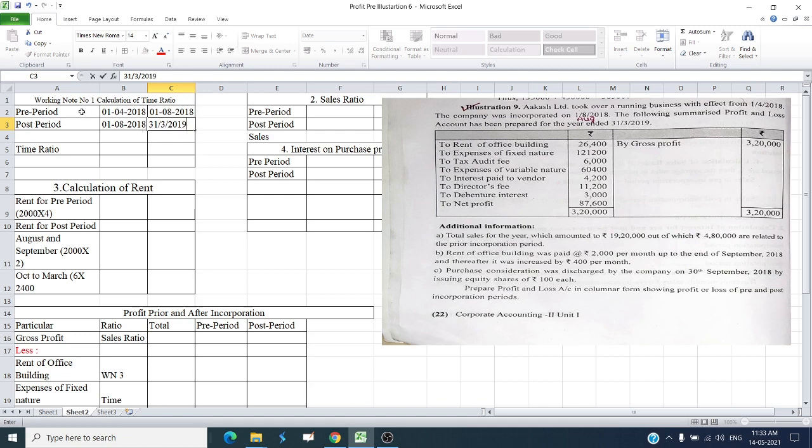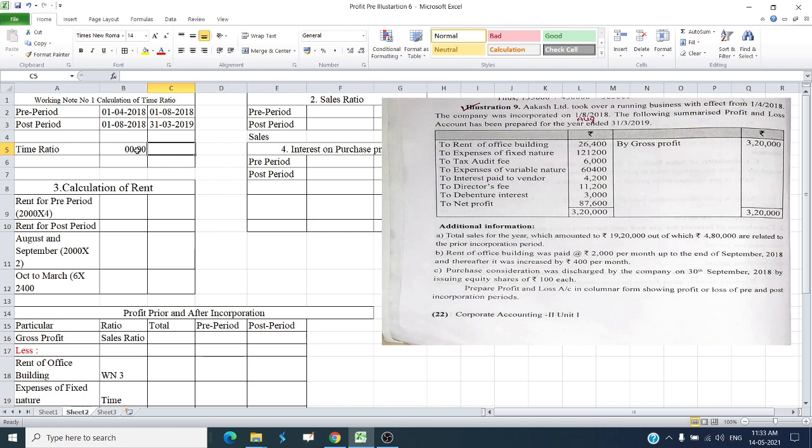With the help of this, the pre-period will be April, May, June, July, that will be 4 months, and on 1st August it got the incorporation certificate. So we can count for the pre-period 4 months.